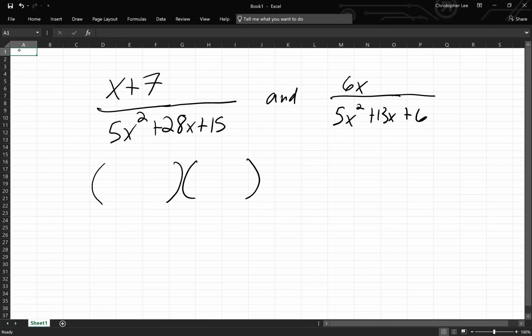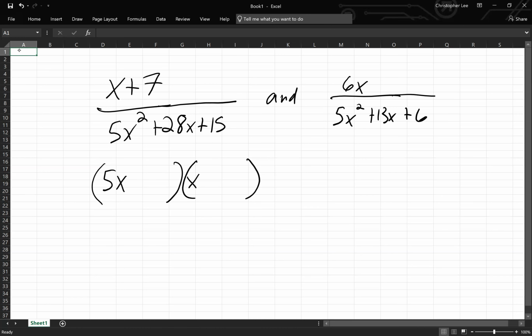So I'm gonna have 5x here, 1x here, and then I need two numbers that multiply to give me 15 but add up to 28. 15 and 5, that's 20?